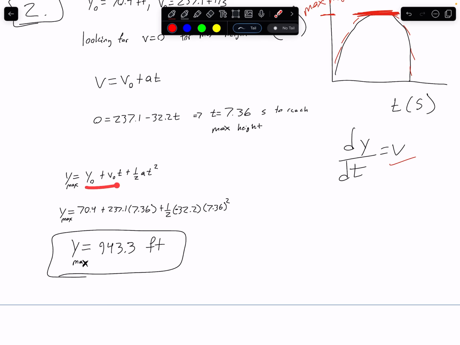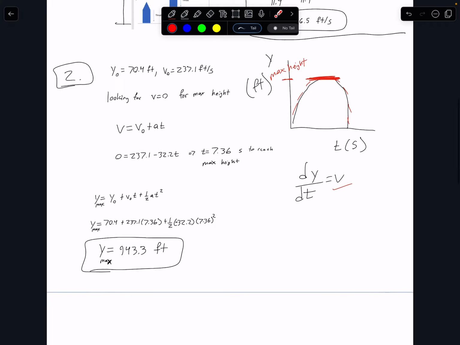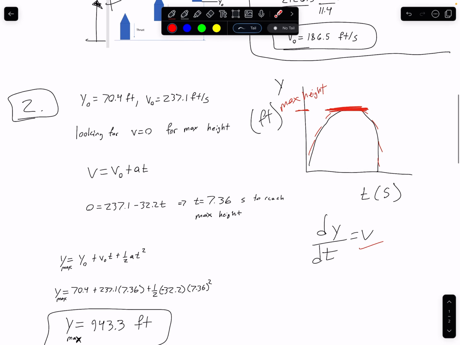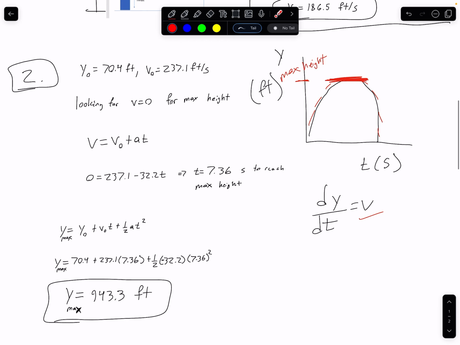We have all of these variables on the right-hand side, so it's just plug and chug, and we get the maximum height being 943.3 feet. Again, fairly simple, a little more complicated than question number 1 because we had to find the time, but assuming constant acceleration, being able to use the kinematic equations is very easy.